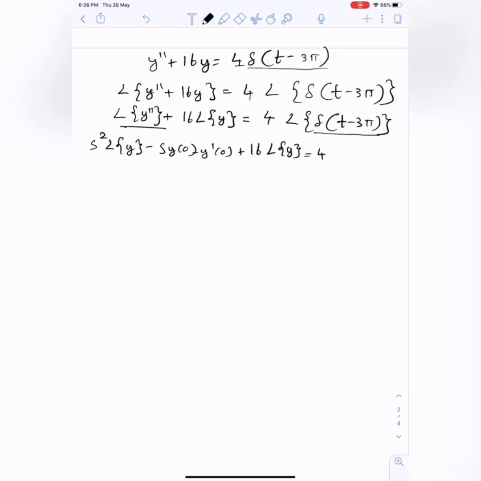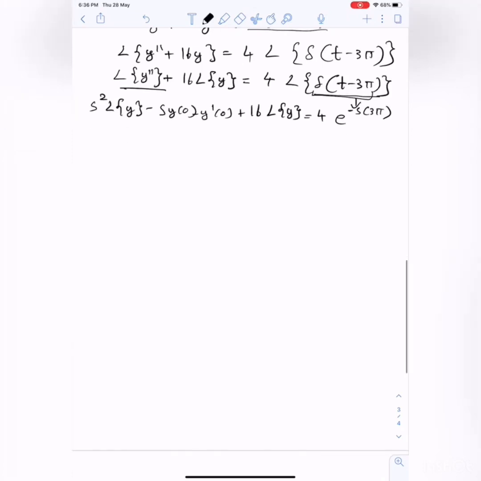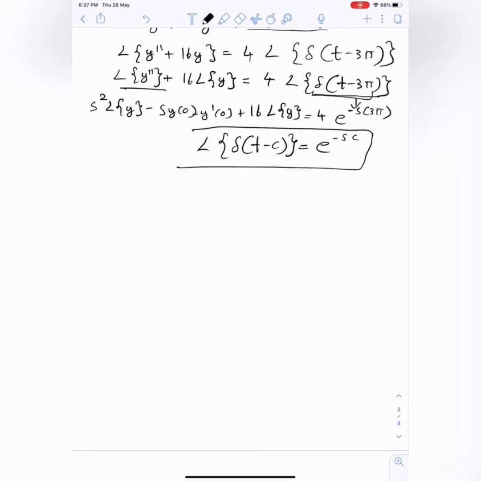So the Laplace of this one is nothing but e to the power minus s of 3 pi. Basically, this comes from the formula Dirac delta of t minus c is given by e to the power minus s times c. I've used this to find the right hand side.